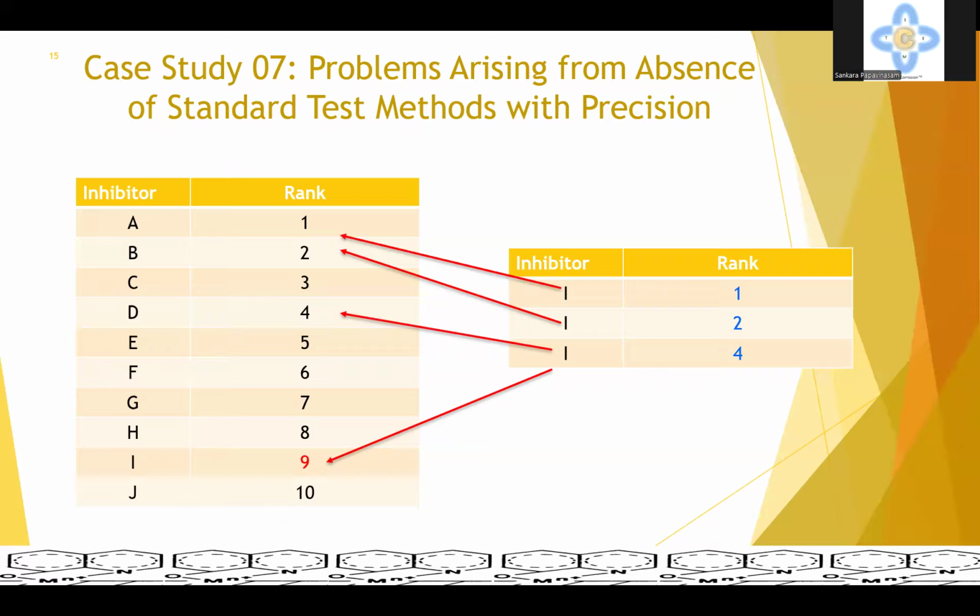Now, what do you do with this data point? Obviously, it leads to confusion. We cannot defend their action. That's why standard test methods with known precision will help us to give some kind of guarantee in terms of ranking corrosion inhibitors.